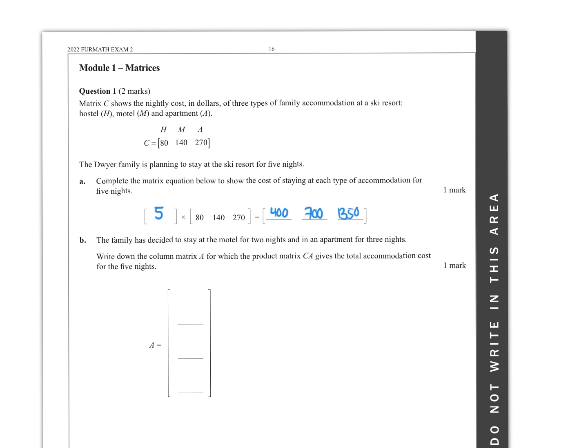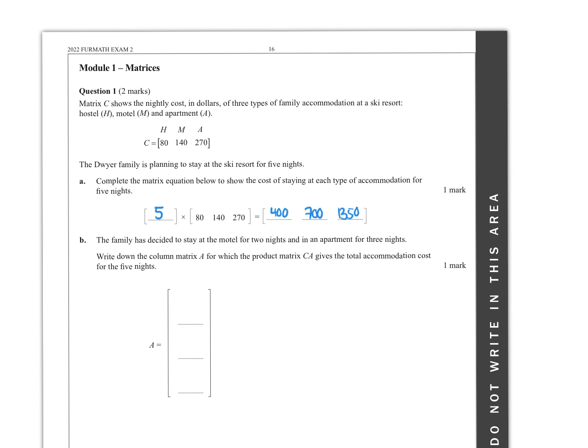So if they were to stay at a hotel for 5 nights, it'll cost them $400. The family has decided to stay at the motel for 2 nights and in an apartment for 3 nights. Write down the column matrix A, which gives the product matrix CA.